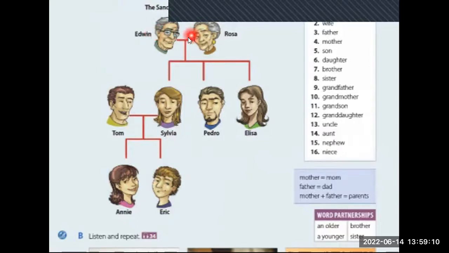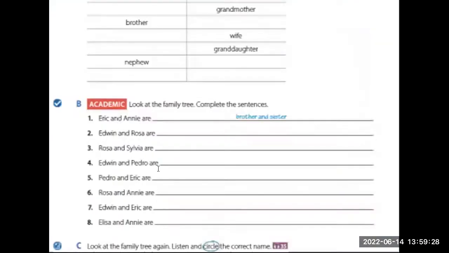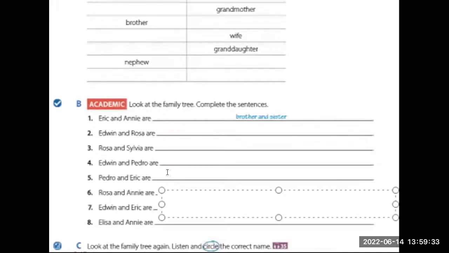So Edwin is the father to Sylvia. Sylvia is the mother to Eric. So Edwin is the grandfather to Eric. And Eric is the grandson. Edwin and Eric are grandfather and grandson.